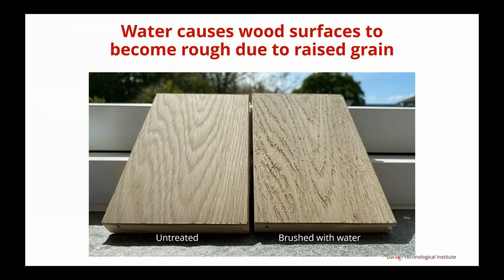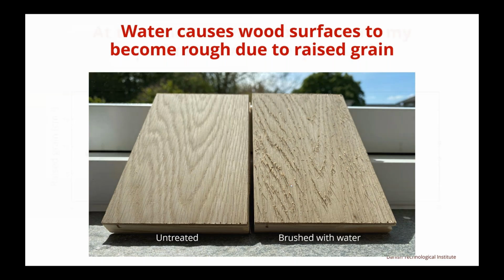But the central issue with that is that if you take a floorboard of oak and brush it with just pure water, it becomes very rough because a bunch of fibers from the wood lift up from the surface, which induces a need to sand down the coating that you just applied. So the project was centered around handling this issue and minimizing the amount of raised grain that you would get in coatings that included water.